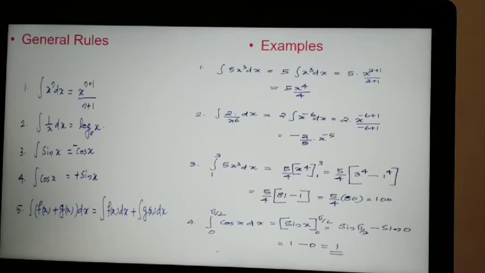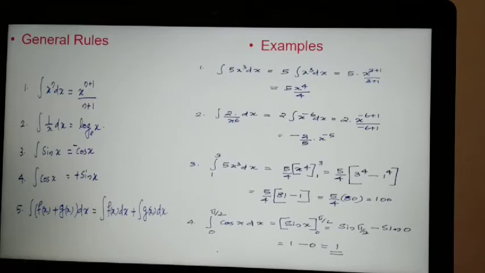Remember, if there is a constant, that constant k can be taken outside the differential or integral operator. So that 5 can be taken outside the integral operator: 5 into integral x cube dx.